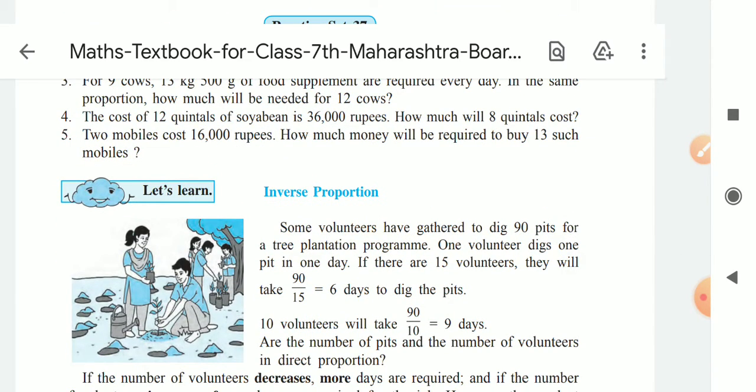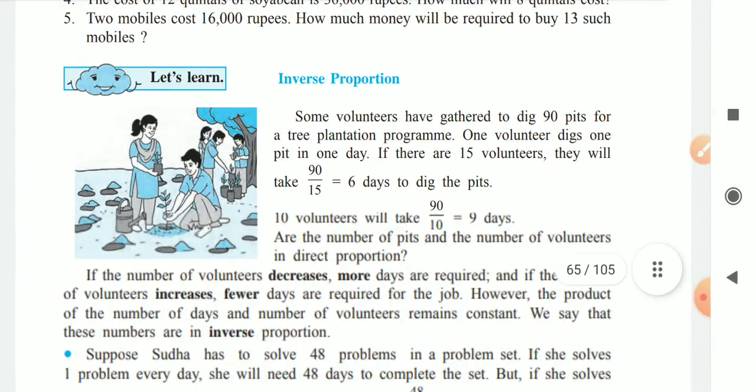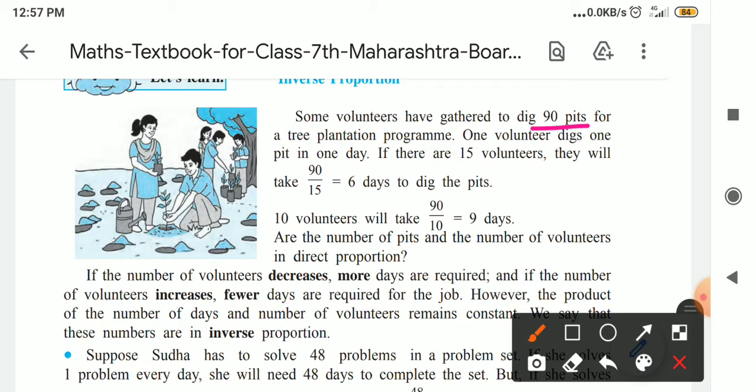Let us see an example. Some volunteers have gathered to dig 90 pits. Pits means small holes for plants, in a tree plantation program. One volunteer digs 1 pit in 1 day. If there are 15 volunteers, they will take dash days.